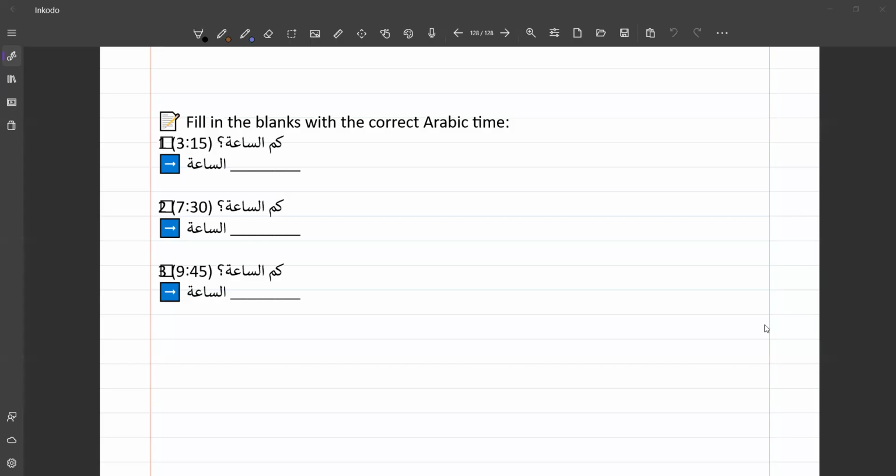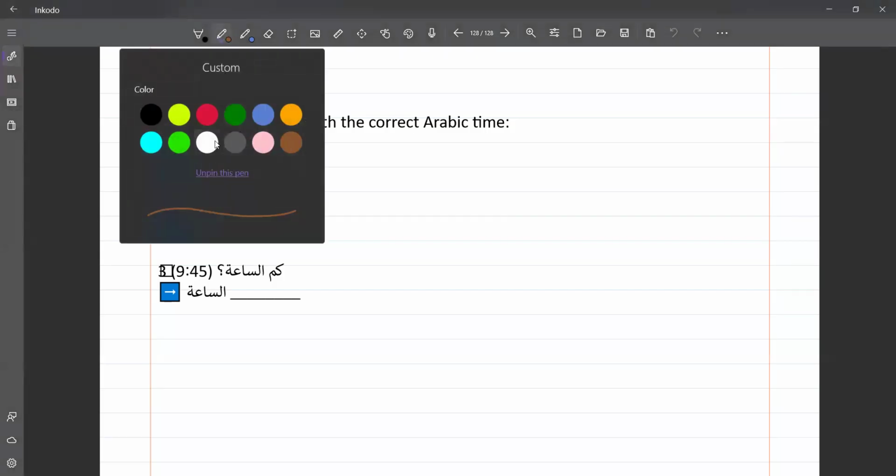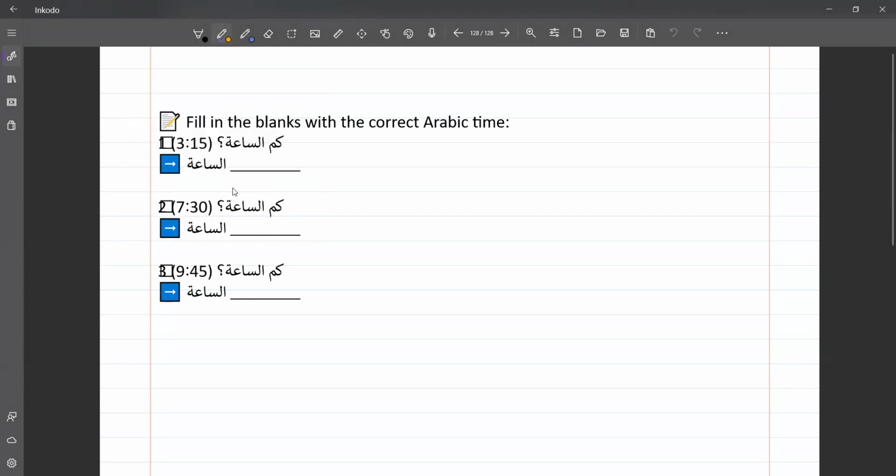And now a quick homework for you guys. Tell me the following time in Arabic. Give your answer in the comment section. The first one I will do for you. The question is Kam as-Sa'a. You can see it's 3:15, so we will say As-Sa'a, and 3 in Arabic means as-salisa.